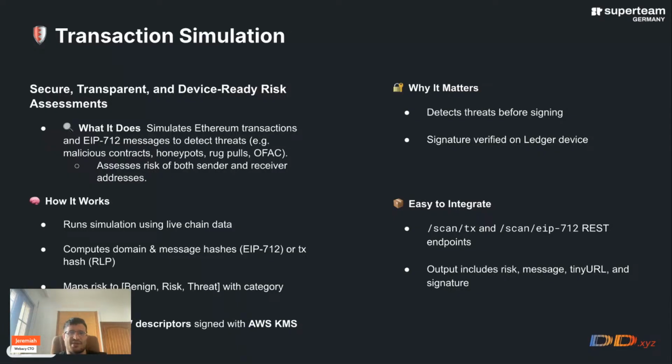We're scoring different kinds of transactions, regular Ethereum transactions and also EIP-712 transactions. We look at the exposure of the sender and the receiver, and we run simulations using live chain data, compute domain and message hashes, and map to the risk threat category for, again, the sender and the receiver.